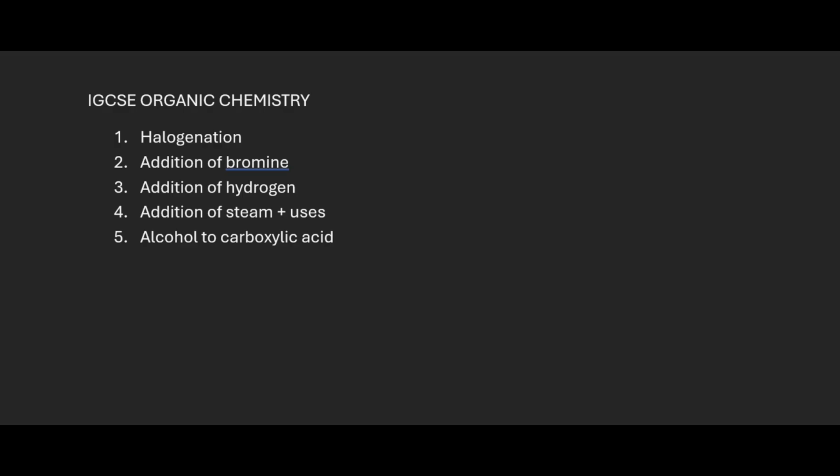Next, we have fermentation of sugars. So these are basically enzymes in yeast that are used to convert sugars into ethanol. And the reaction requires anaerobic conditions, so basically no oxygen. C6H12O6, with enzymes in yeast, gives you ethanol and carbon dioxide.